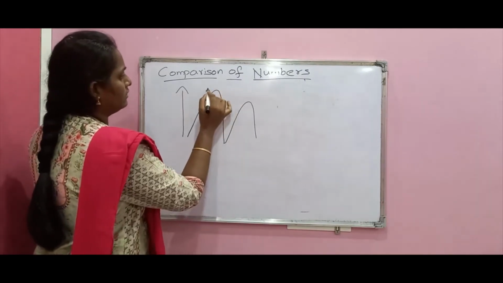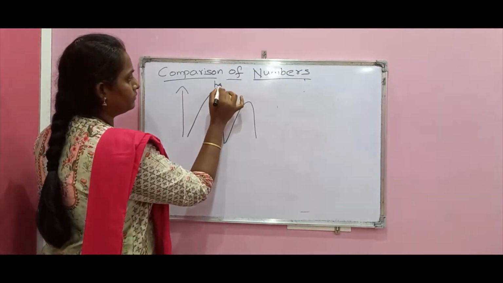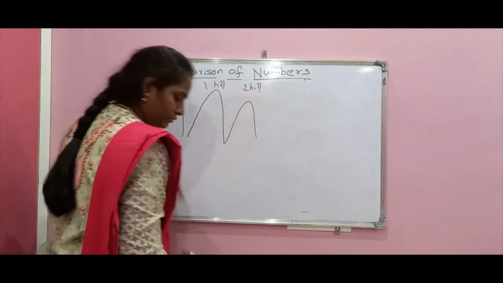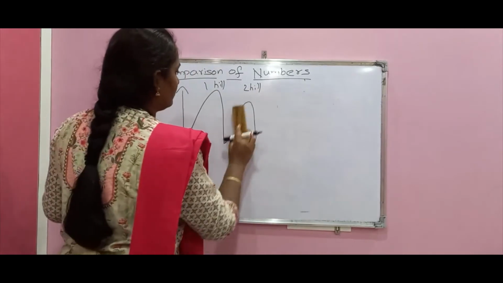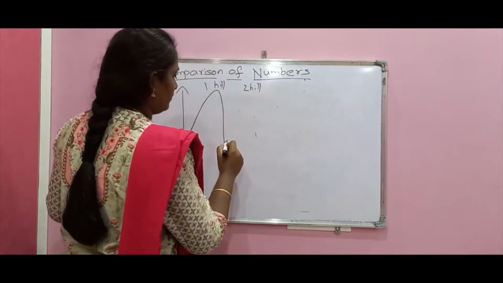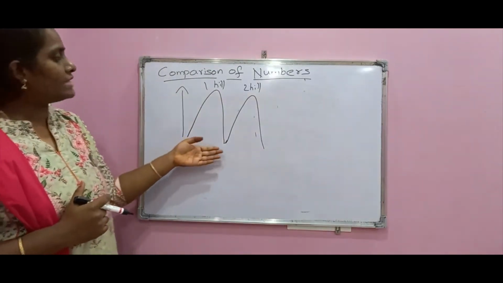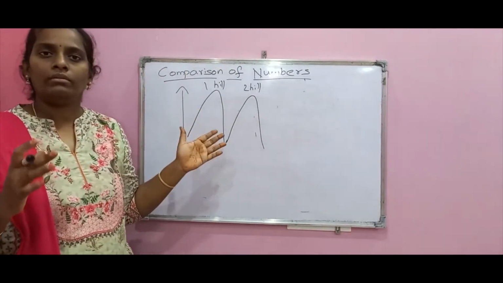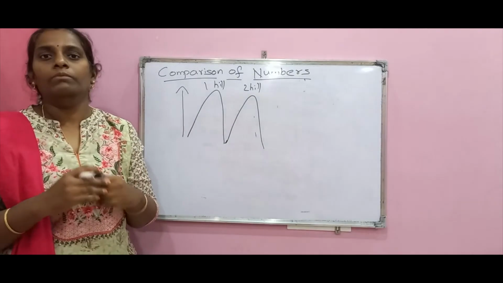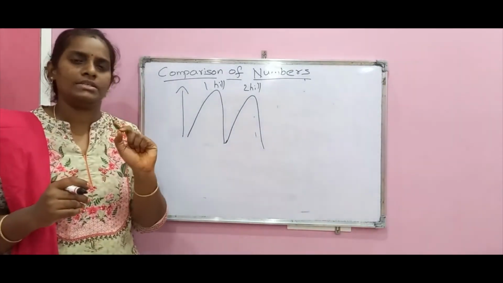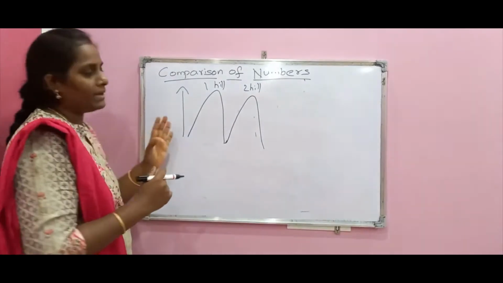Suppose this is one hill and this is the second hill. If we see the hills, those two look like the same height. But if we measure the hills, there is some slight difference. They measure.